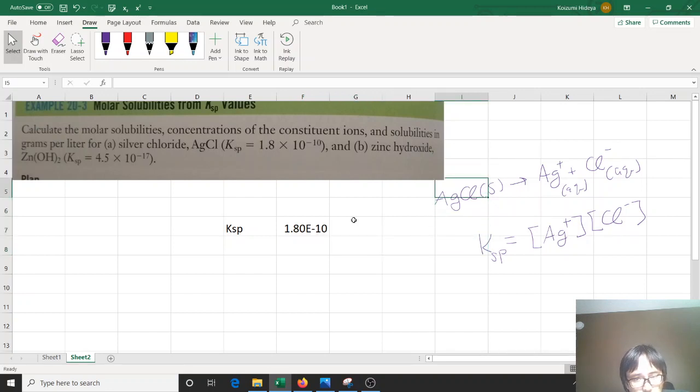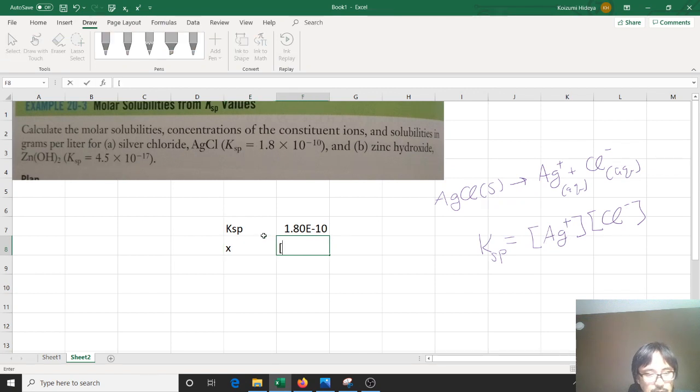The molecular ratio is 1 to 1 to 1, right? So 1 AgCl will produce 1 Ag plus and 1 Cl minus. So let's put X to be the concentration of Ag plus right here.